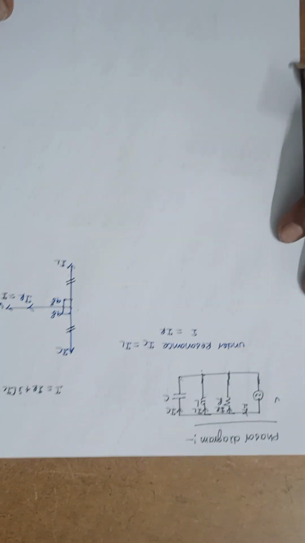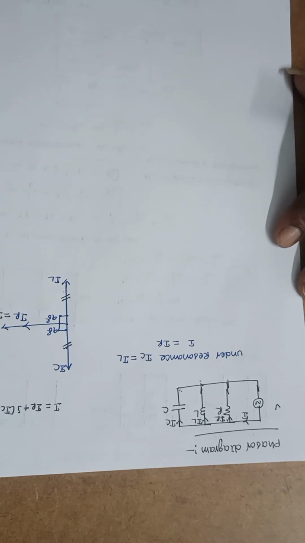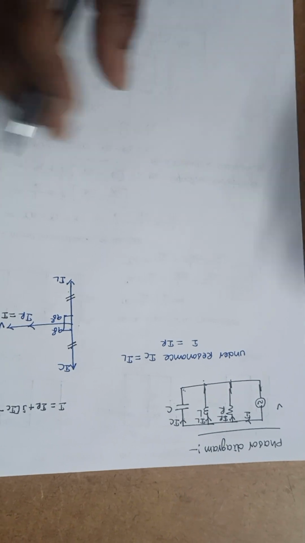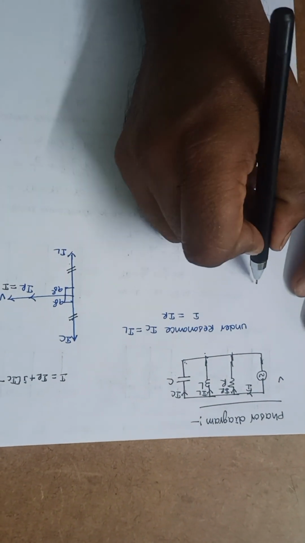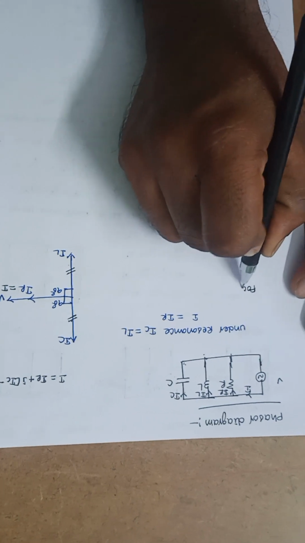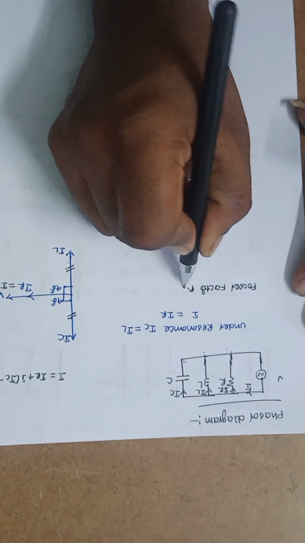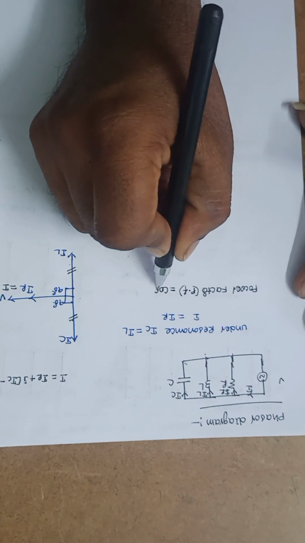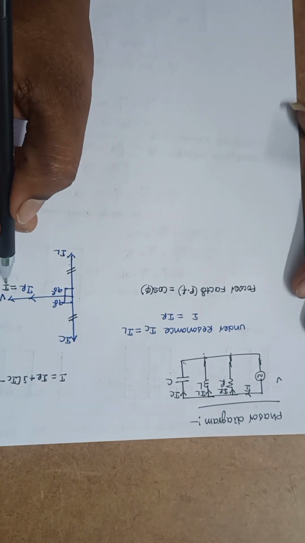Okay. Now if you want to find the quality factor, before going to find the quality factor, let me first find the power factor. Power factor PF is equal to cosine of the angle between the supply voltage and supply current.